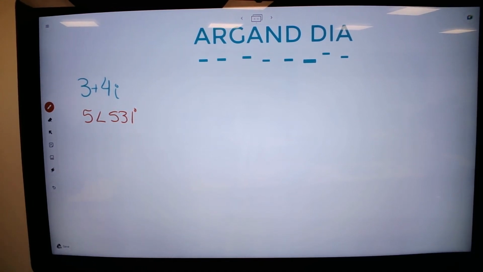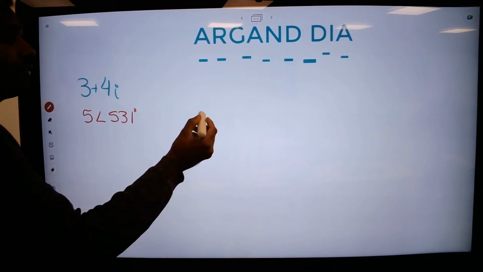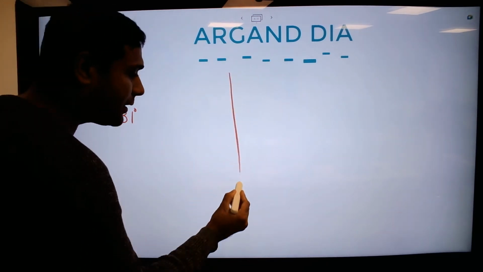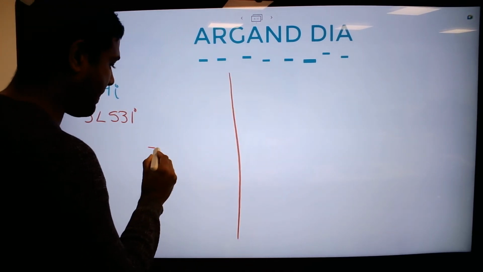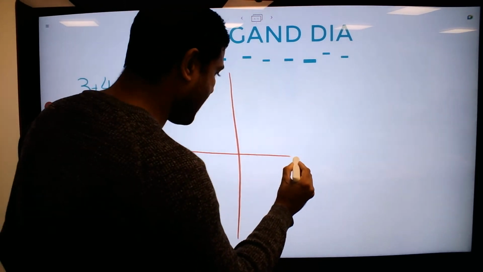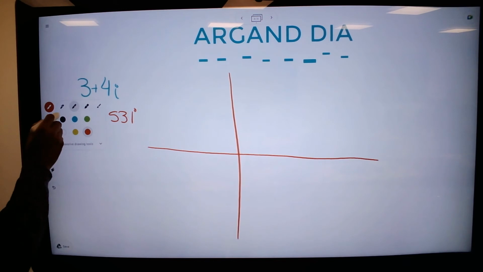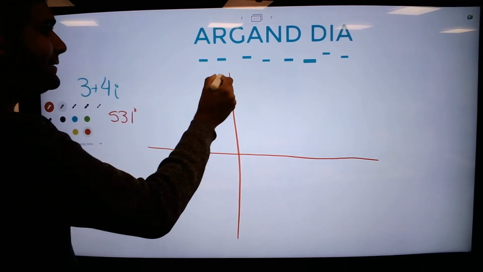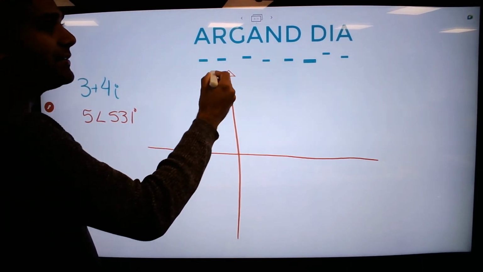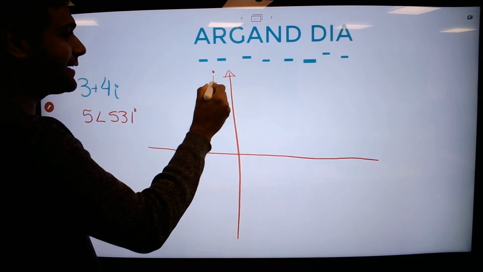If you have graph paper, on the graph paper, this is how we actually plot. On the graph paper, if I want to plot that one, this axis is known as the imaginary axis. So this is the i-axis.